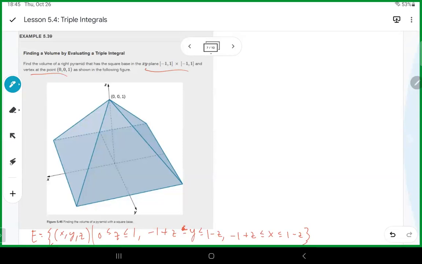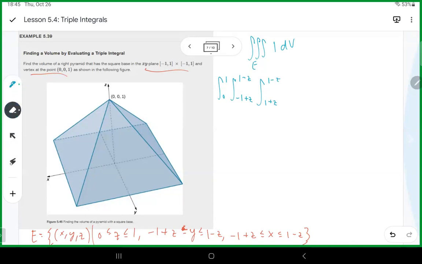Okay. So 0 to 1, then negative 1 plus z, 1 minus z, then 1 plus z, 1 minus z.